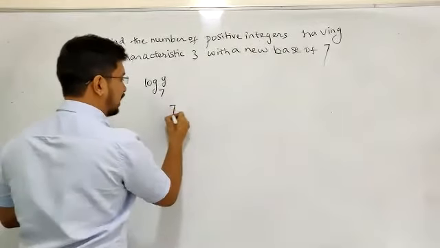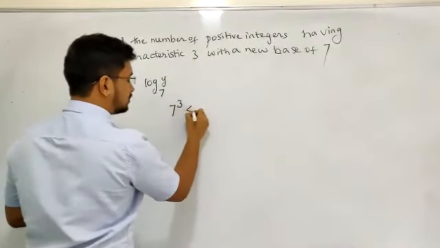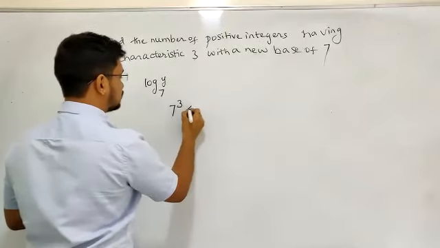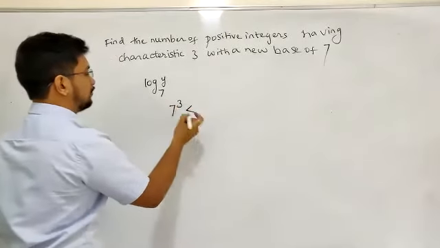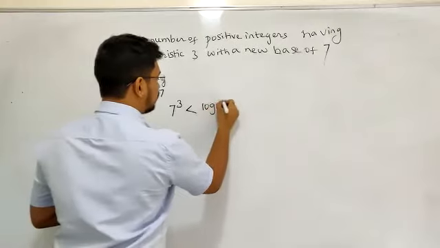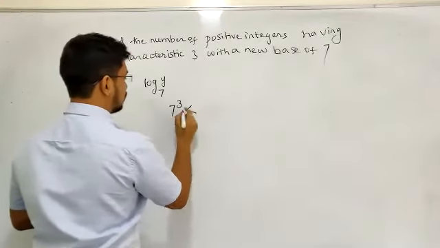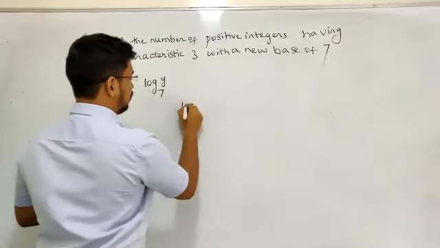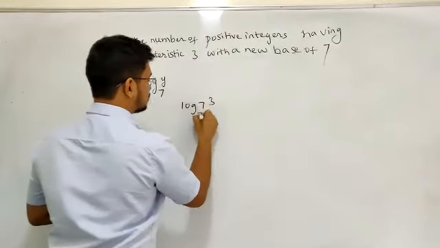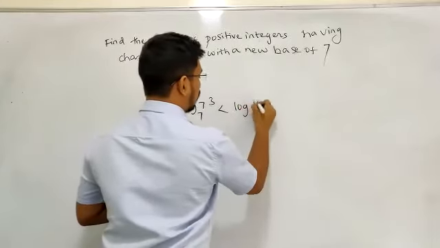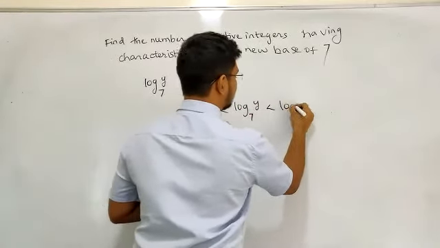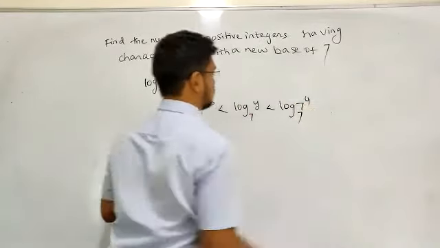So the simple idea is that 7 cube is less than or equal to log y to the base 7, which is less than 7 power 4. That is, log of 7 cube to the base 7 is less than or equal to log y to the base 7, which is less than log of 7 power 4 to the base 7.